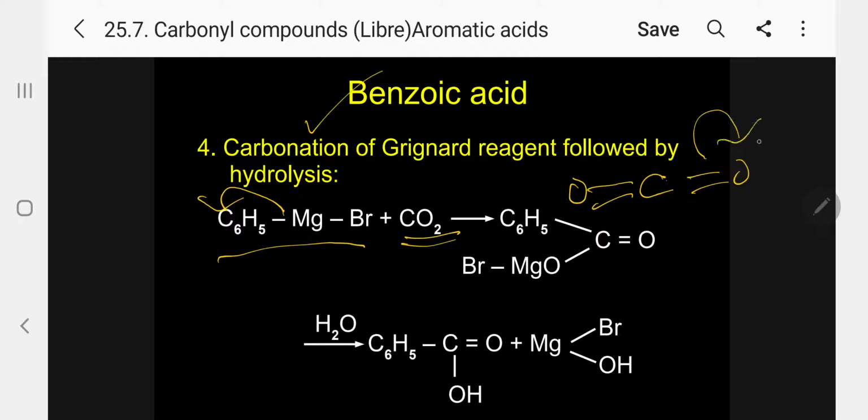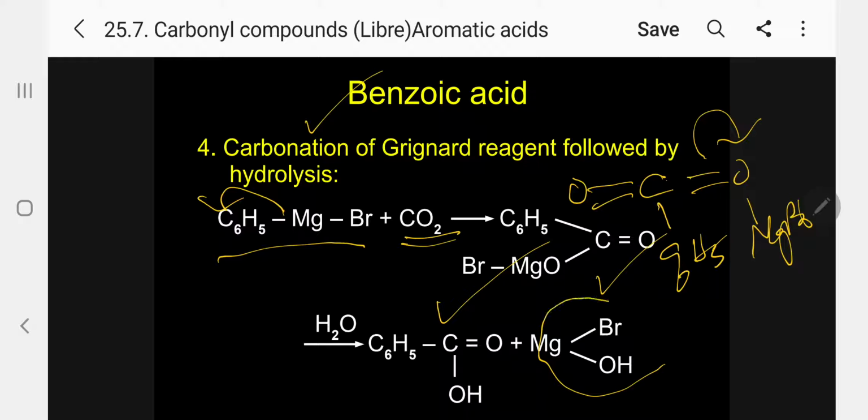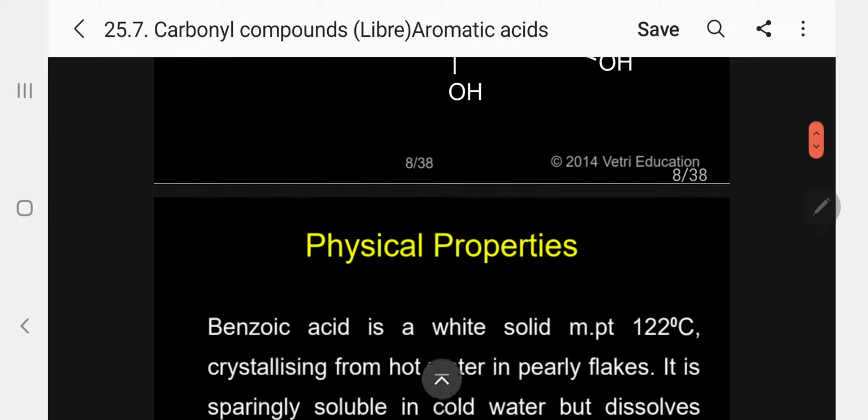Kindly follow this way. So minus will be added MgBr and the plus will be added C6H5. So this is the intermediate formed, and from that hydrolysis gives correspondingly benzoic acid and MgBrOH. So from phenyl magnesium bromide and carbon dioxide we can prepare benzoic acid.